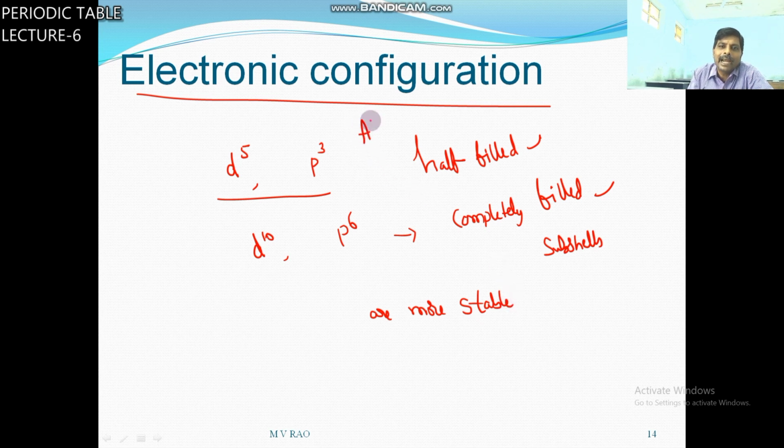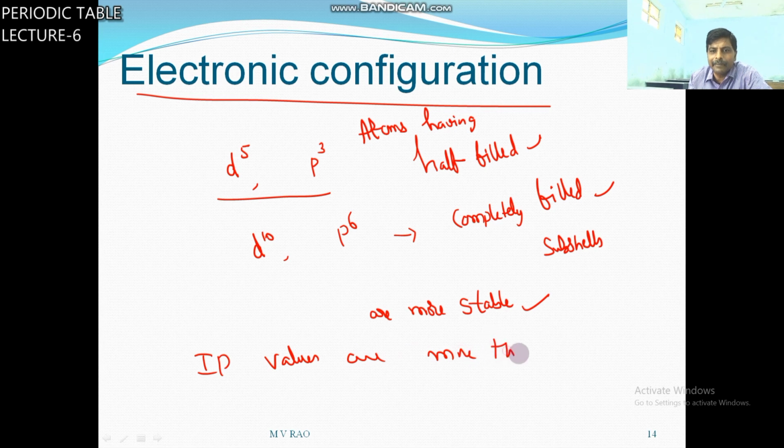Atoms having half-filled or completely filled subshells are more stable, so their IP values are more than expected values.